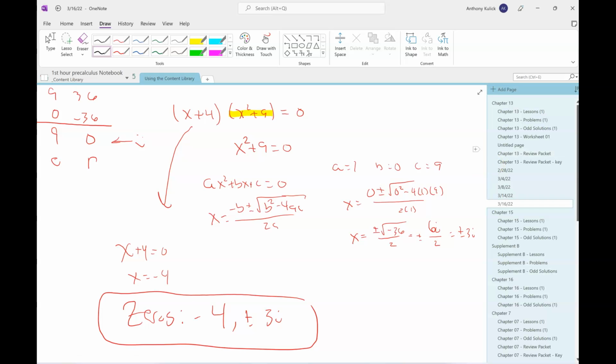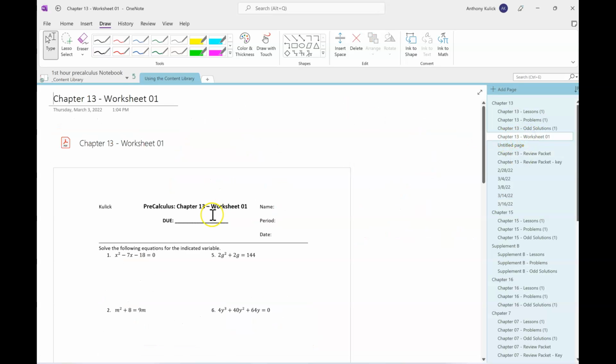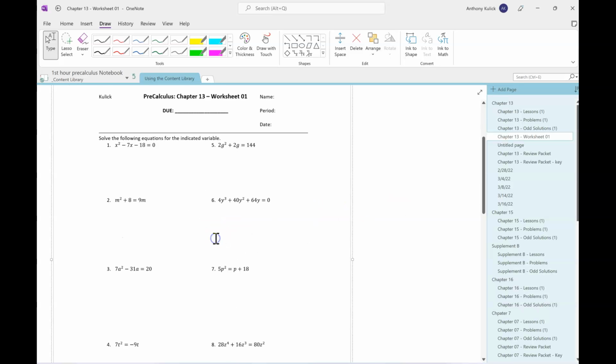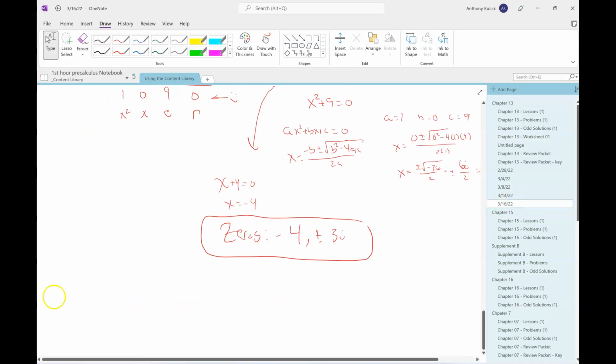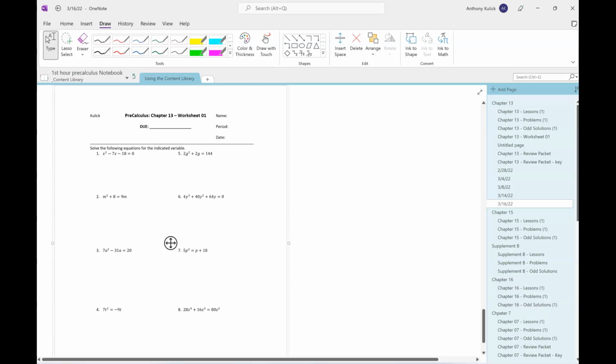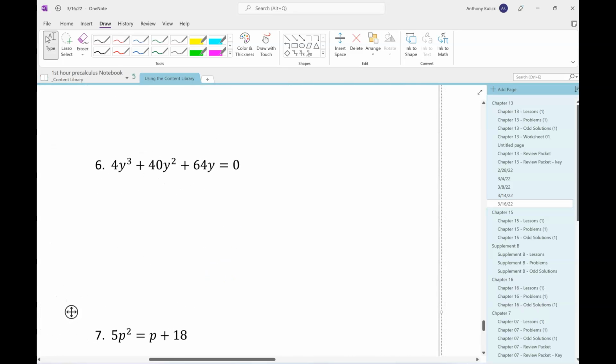Mr. Phillip, can you do an example really quick? Yeah, from the worksheet. Oh, sure. I got the worksheet here. 6. Okay. Do you use the quadratic formula?